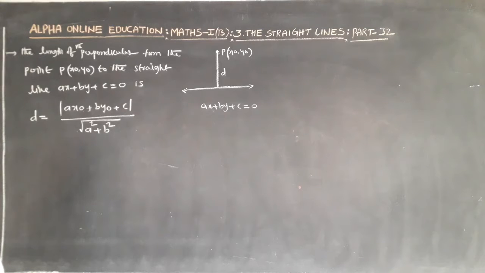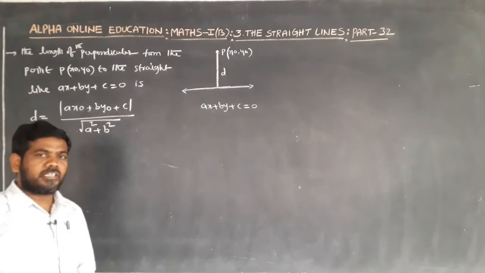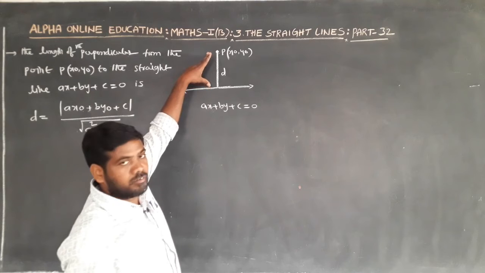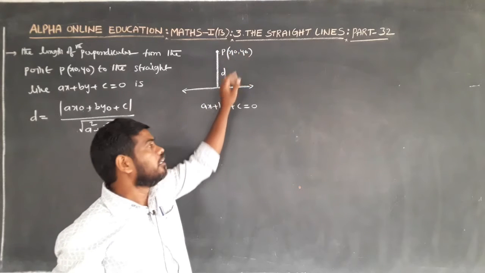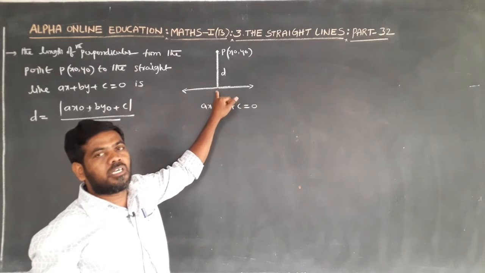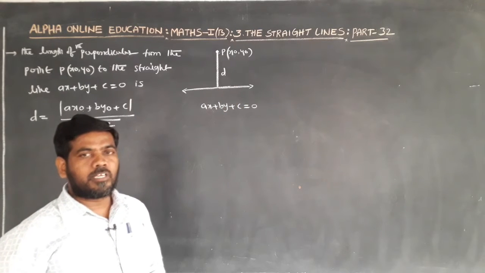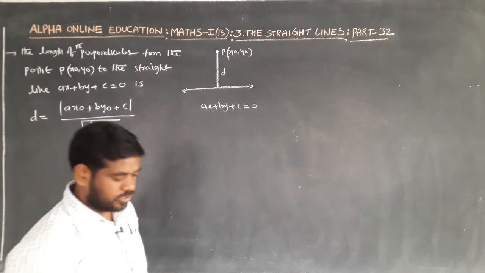This is the formula for finding the length of the perpendicular distance from the point P(x naught, y naught) to the line ax plus by plus c is equal to 0.